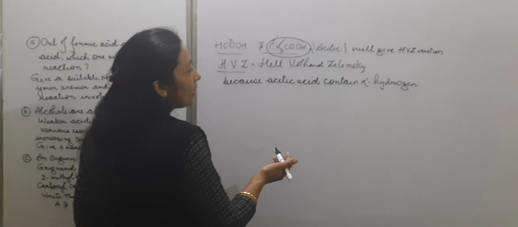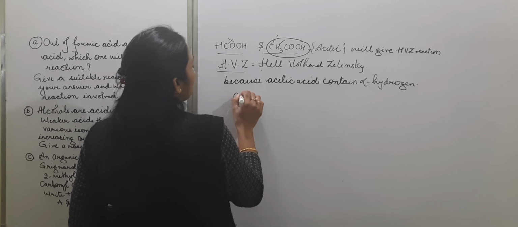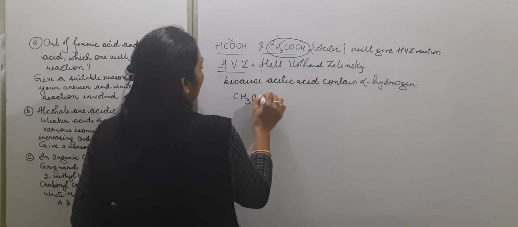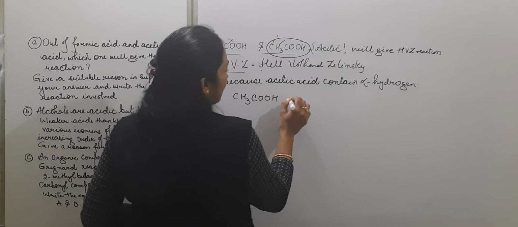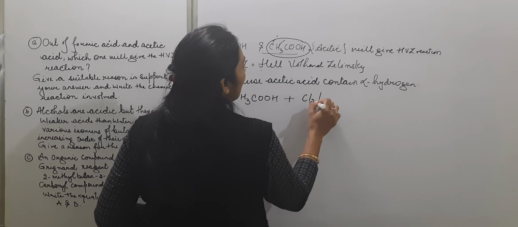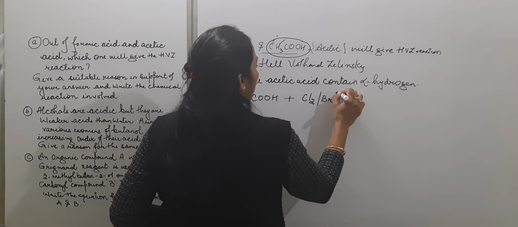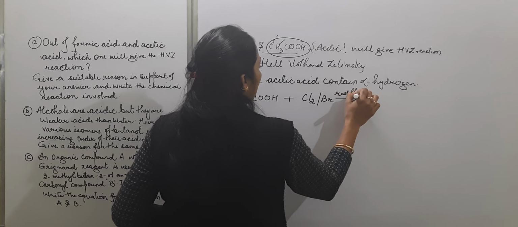So we have to write the chemical reaction here. So we will take the acetic acid, and either we will take Cl2 or Br2 in the presence of red phosphorus.